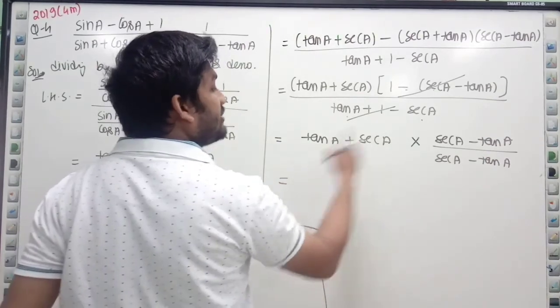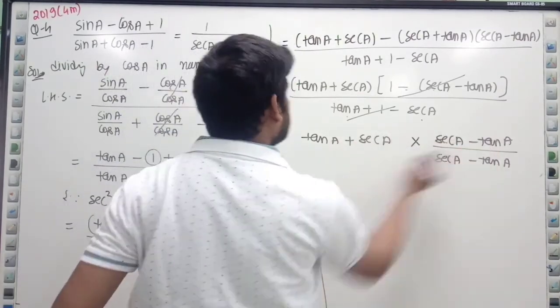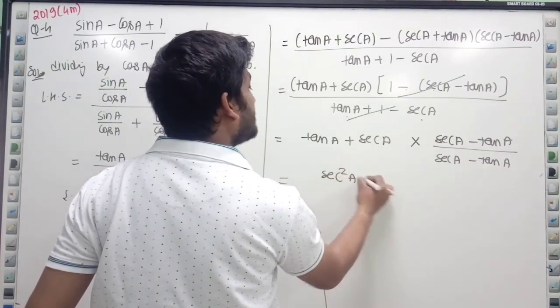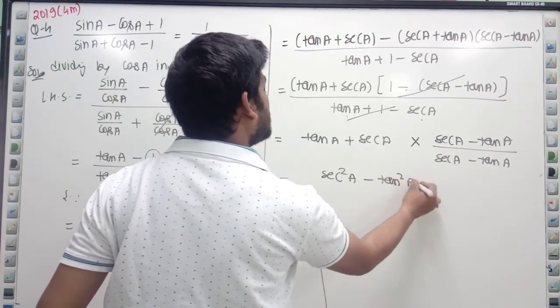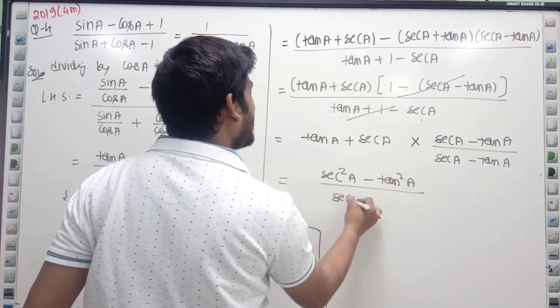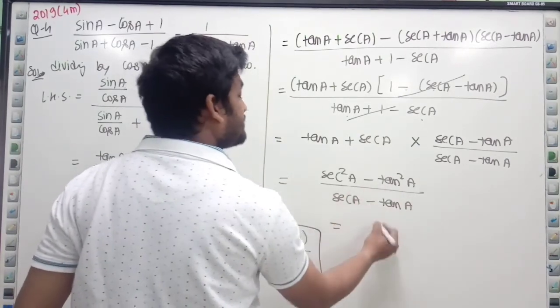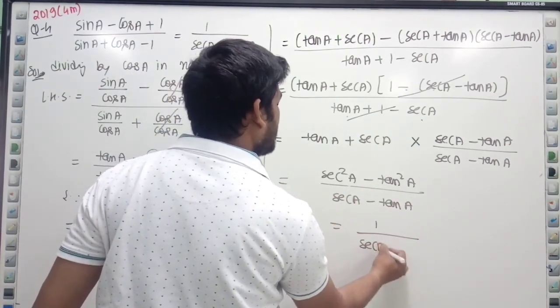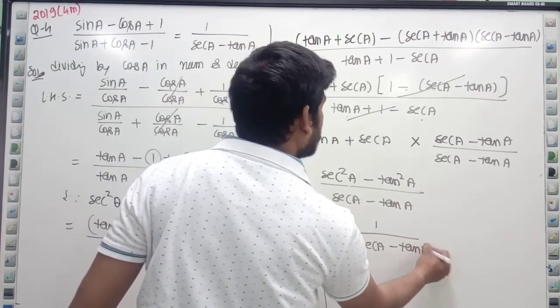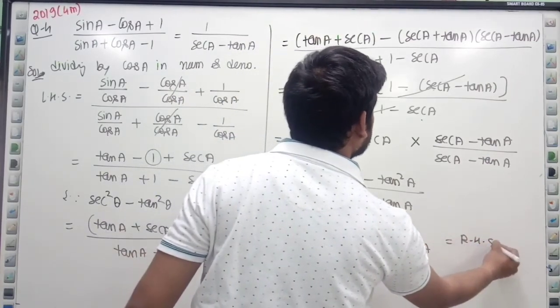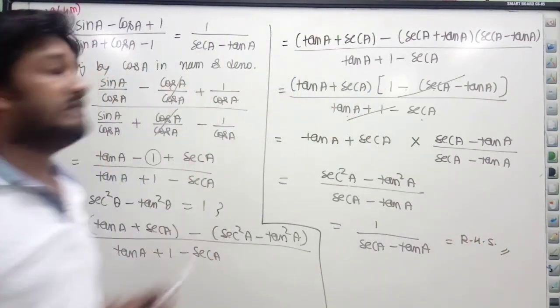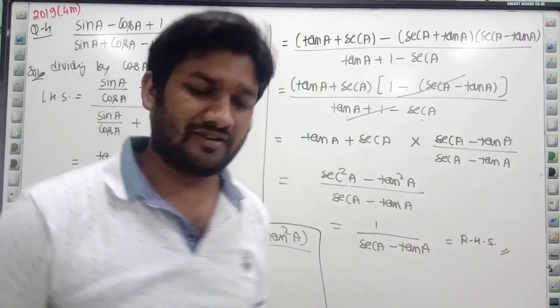So I can write in the numerator A plus B, A minus B, A square minus B square, upon sec A minus tan A. Sec square minus tan square is 1, upon sec A minus tan A. And this is the RHS, and this is what I needed to do. I hope this question is clear.